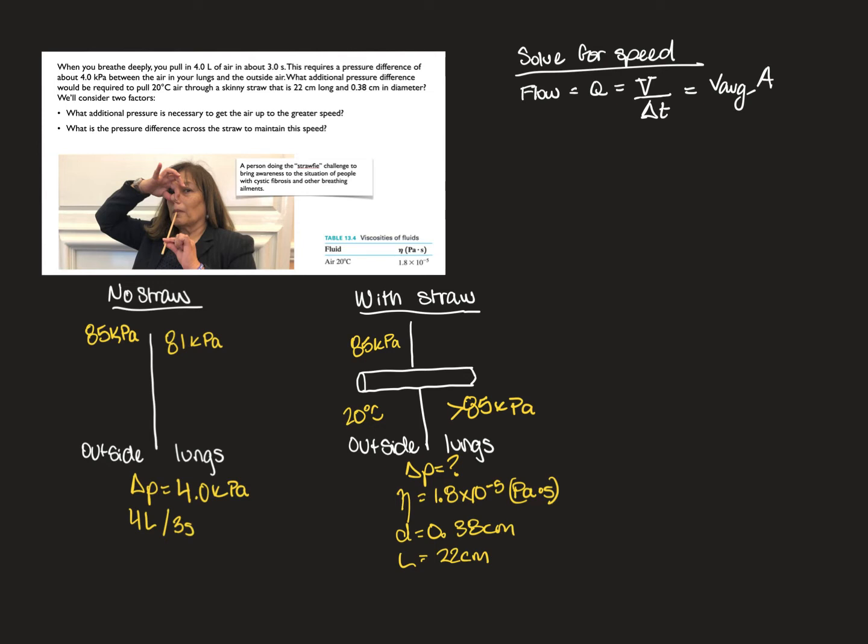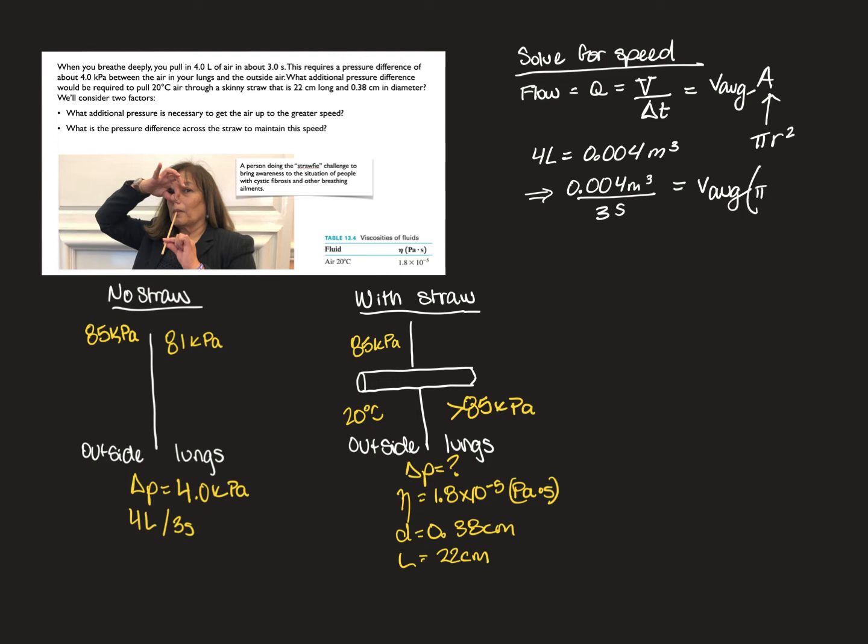We know that the volume is 4 liters. Turns out that 4 liters is 0.004 meters cubed. So we can say that 0.004 meters cubed over 3 seconds is equal to the average speed times the cross-sectional area of the tube. And since the tube is circular, the cross-sectional area is just going to be pi r squared.